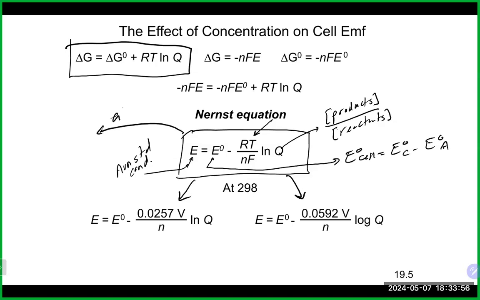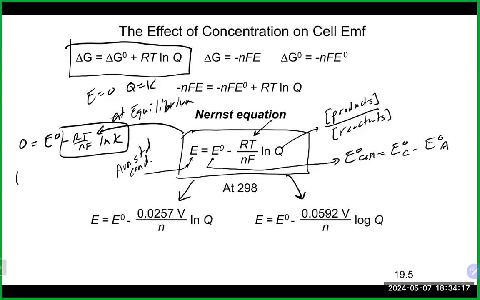So in case you can't remember the other equation, but know the Nernst equation, at equilibrium, E will equal 0 and Q will equal K. And that would get you 0 is E naught minus RT over nF, natural log of K. Bringing this entire thing to the other side gives me E naught is equal to RT over nF, natural log of K, which is the equation we just used in the previous problem. So good news is, if you want to remember the Nernst equation, you could derive the other equation from it by just setting those two guys equal to 0 as well.